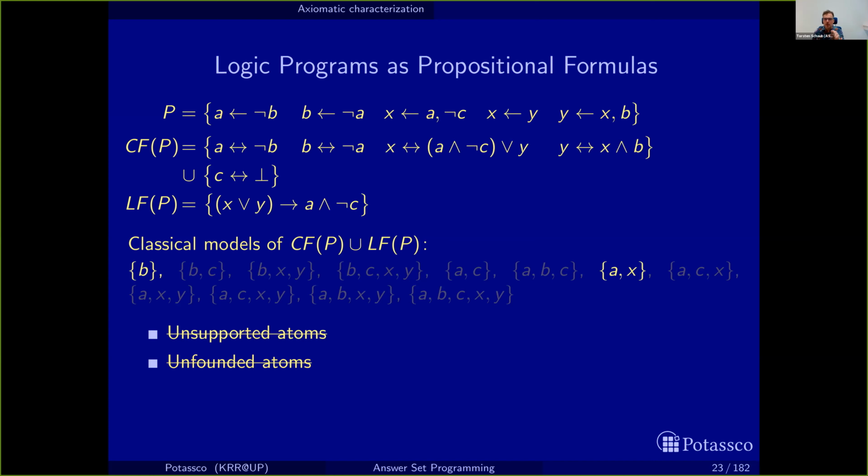One thing already to point to, and I think I have this on a slide to come, is that this operation here is polynomial, more or less linear, right? This operation here is exponential, because you may have exponentially many loops in your program, and hence you may have to add an exponential number of loop formulas to forbid all possible circular derivations.